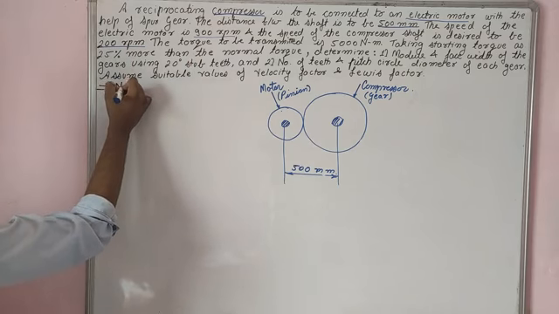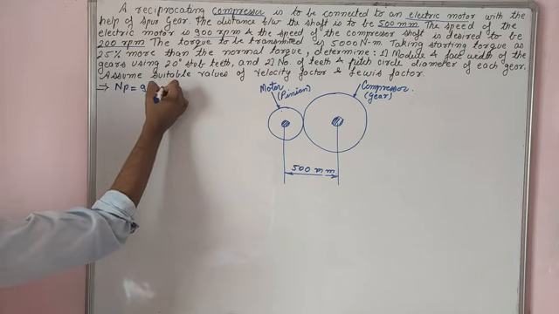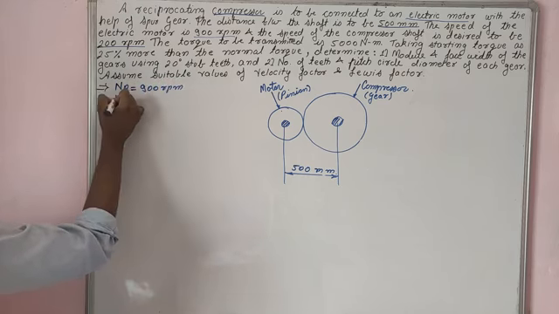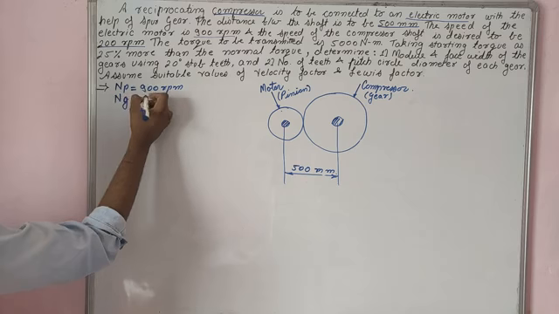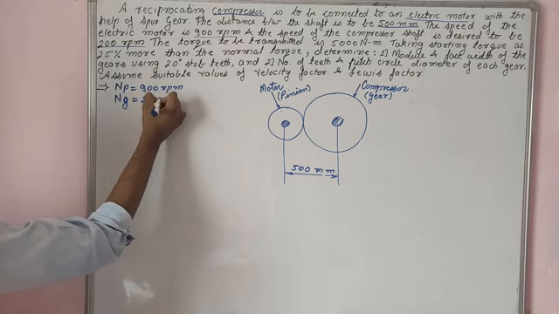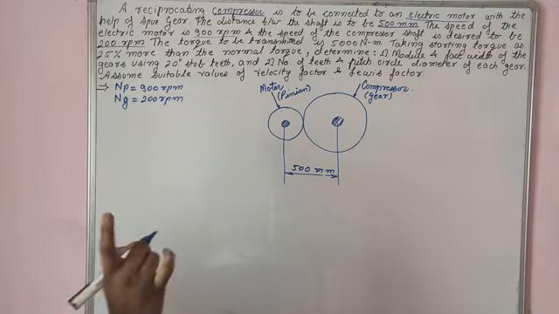The speed of the pinion, NP, is 900 rpm and the speed of the gear, NG, is 200 rpm.